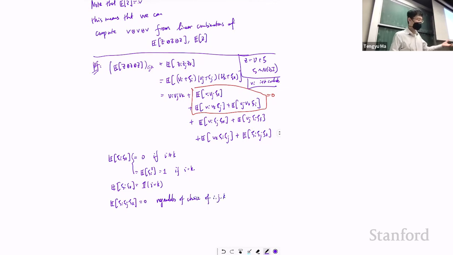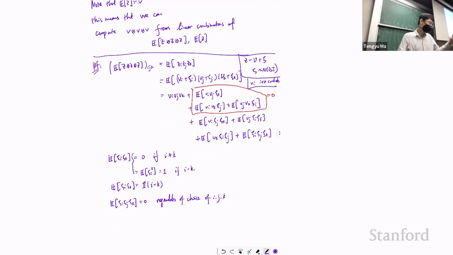For example, when i, j, k are all the same, this is the expectation of ξ_i cubed, and that's 0 because the third moment of a Gaussian is 0. And when i equals j but not k, you can do a different calculation. But generally, you can do all of the calculations, and they all equal 0.